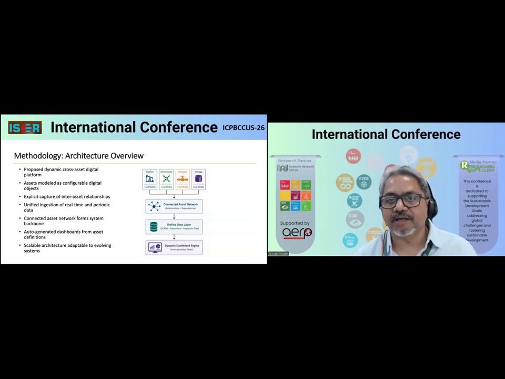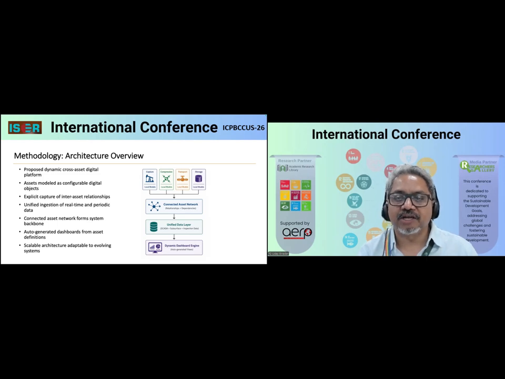Importantly, the system explicitly captures relationships between these digital objects and also dependencies, forming a connected network model of the entire value chain. We spoke about the differences in the data capture, but the unified data layer integrates both real-time as well as periodic operational data, which is subsurface and inspection information.